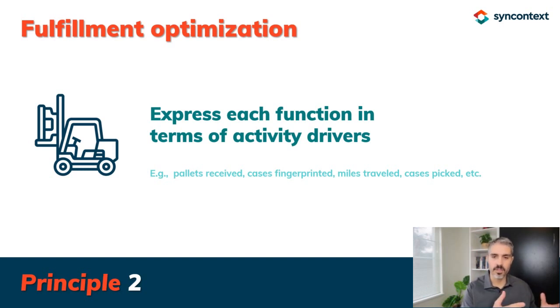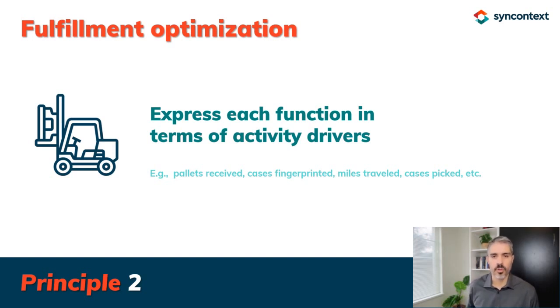If we have labor on the dock reconfiguring and downstacking pallets, we can talk about cases fingerprinted, and so on, downstream, up to the point where we're talking about cases picked, selection, miles traveled, orders combined, and so on. So that's the second principle, expressing each function in its corresponding activity driver.